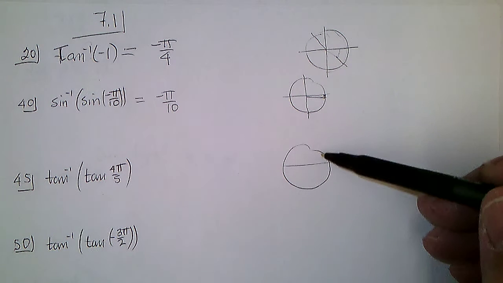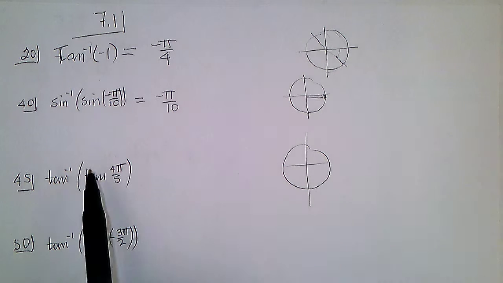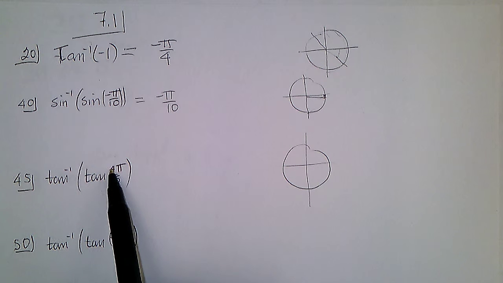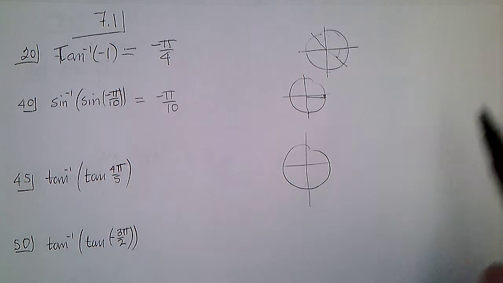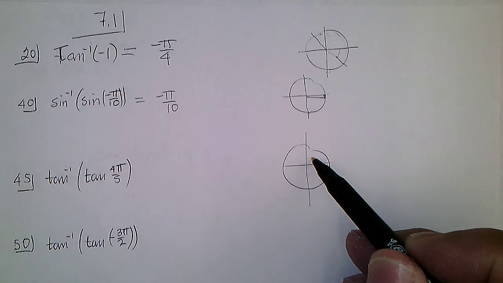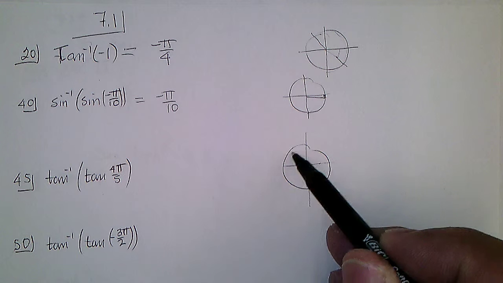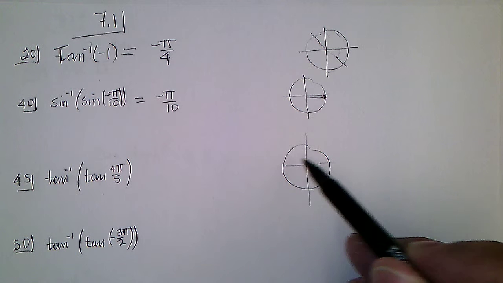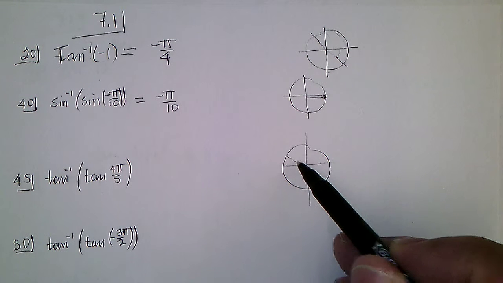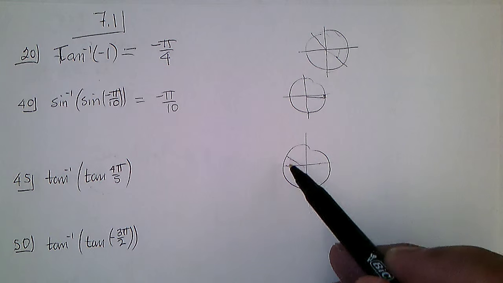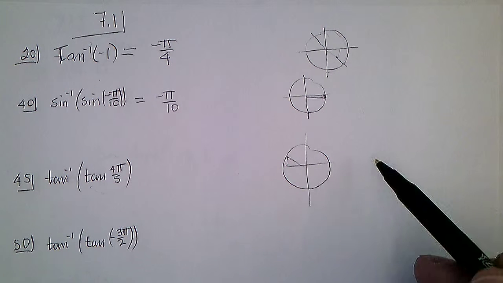So now on this one, 45, the tangent inverse of the tangent of 4 pi over 5. 4 pi over 5, that's a fifth. 5/5 is halfway around, so 4/5 is about here. So the tangent would be that.